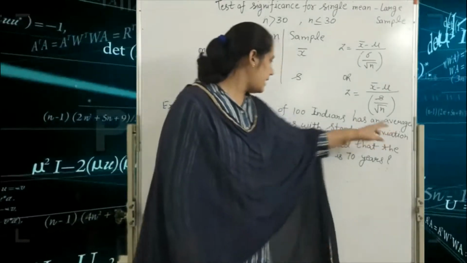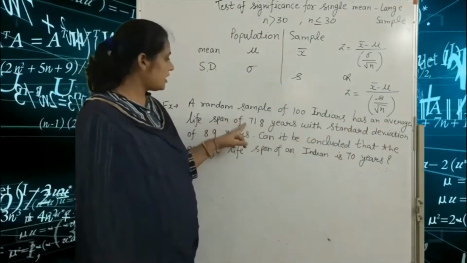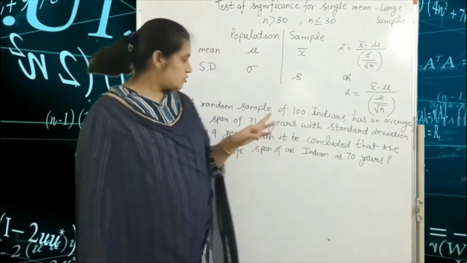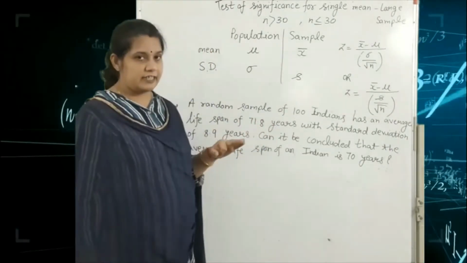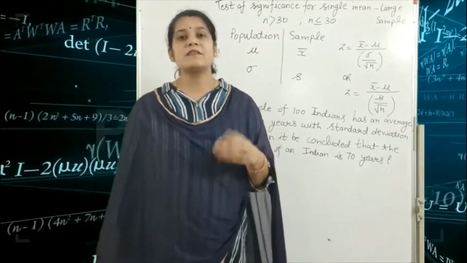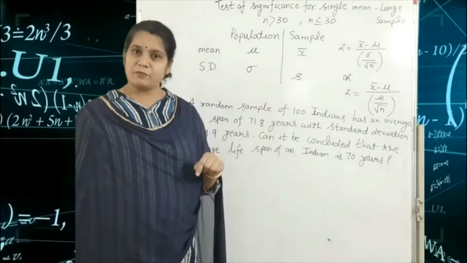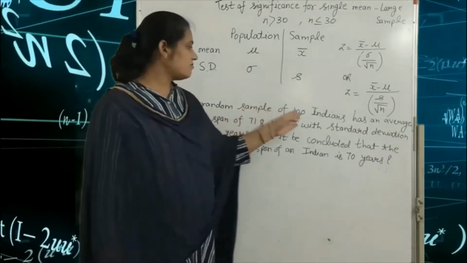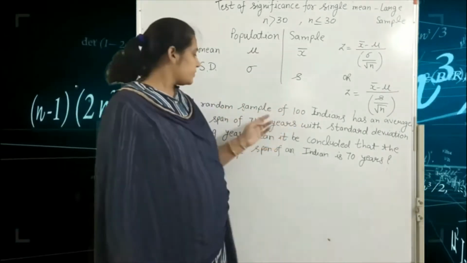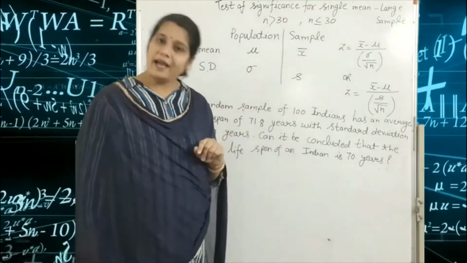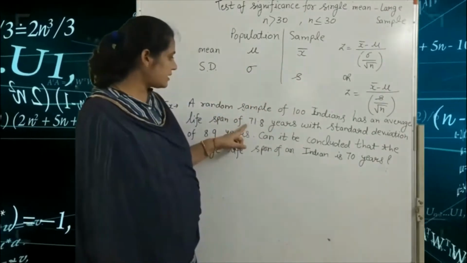It has an average lifespan of 71.8. Average means mean, so x bar is equal to 71.8. See here, this is the value of the sample. In the sample, we write the mean as x bar.